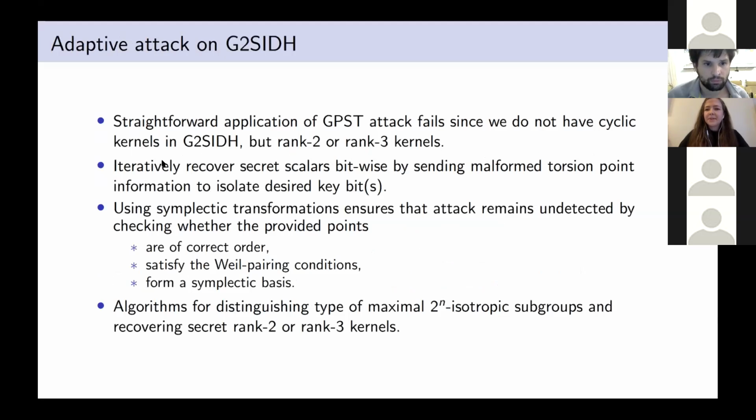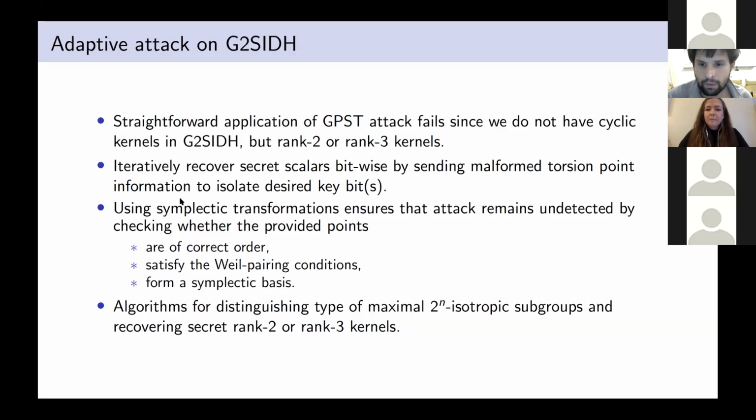Our second goal was to find an active attack on the scheme, which recovers any type of kernel that Alice uses when the adversary impersonates Bob. And for SIDH and certain variants of SIDH, there's an iterative strategy proposed by Galbraith et al., which is called the GPST attack, and it sends malformed torsion points and then iteratively makes deductions about the key bits from the information that is returned from the oracle that models the attack.